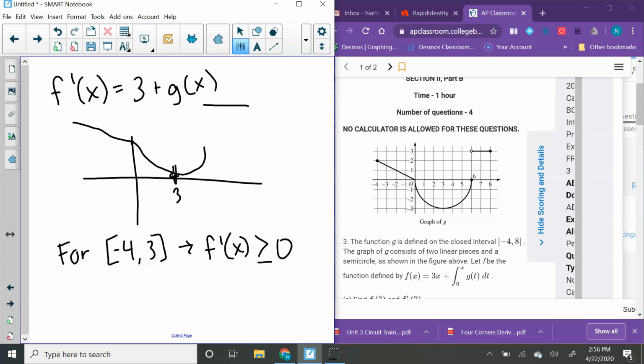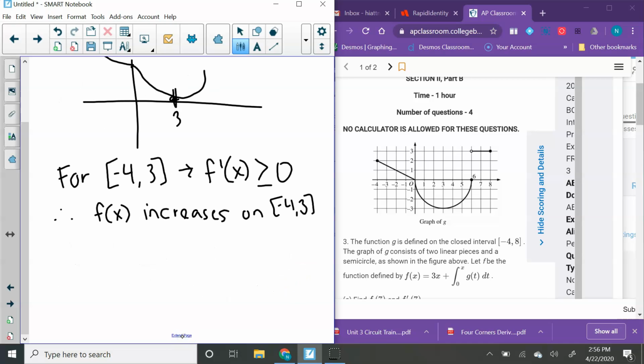And so, therefore, f of x increases on negative 4 to 3. And so if f of x increases the whole entire time from negative 4 to 3, that means that the maximum point must be at 3.